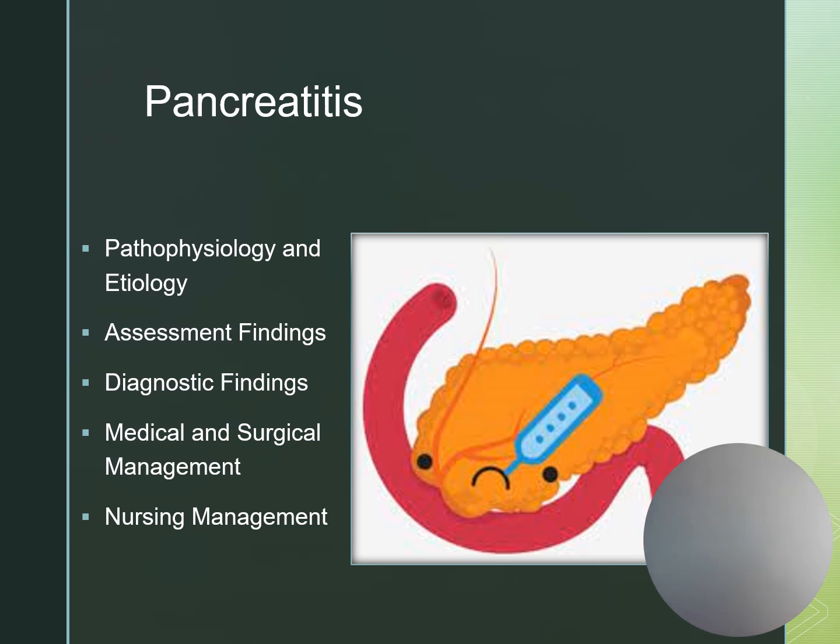We treat it by abstaining from alcohol, eating a fat-free diet, and correcting associated biliary tract diseases. Drug therapy, we may give something to help with pain, and this would include narcotics. And we may also give non-opioid analgesics and pancreatic enzymes.